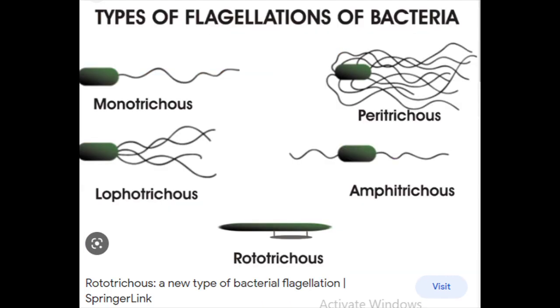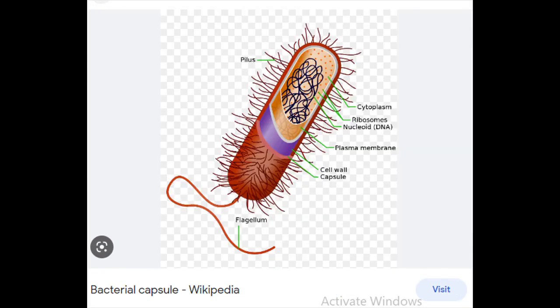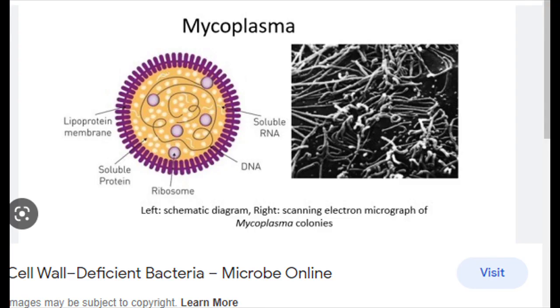So I said the sugars are N-acetylglucosamine and N-acetylmuramic acid. Muramic acid is M-U-R-A-M-I-C. And N-acetylmuramic acid, NAM.